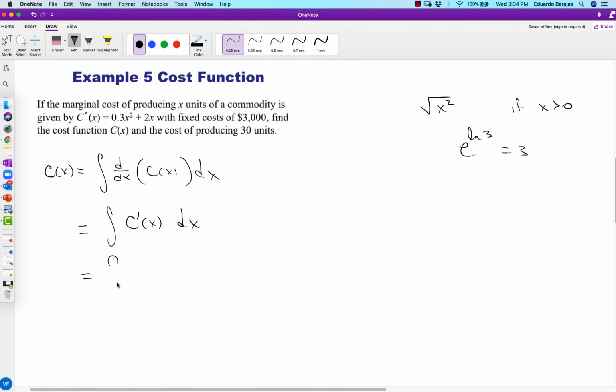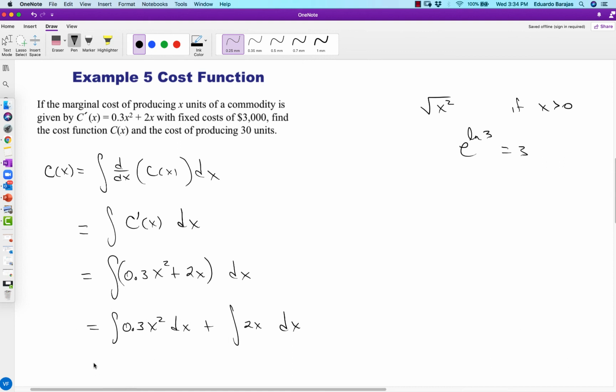So this is the integral of 0.3 x squared plus 2x dx, like that. And so we know that this is going to be the integral of 0.3 x squared dx plus the integral of 2x dx.